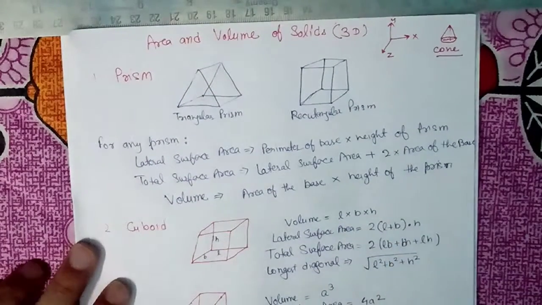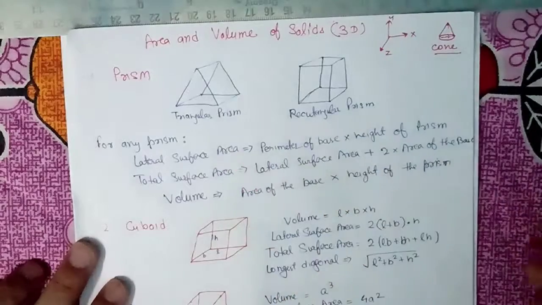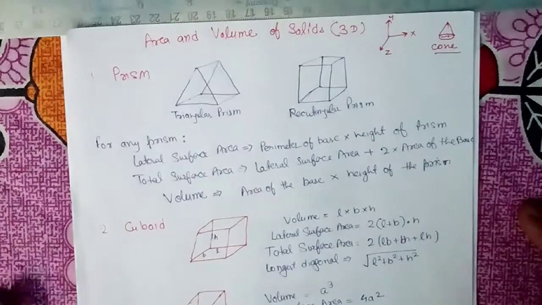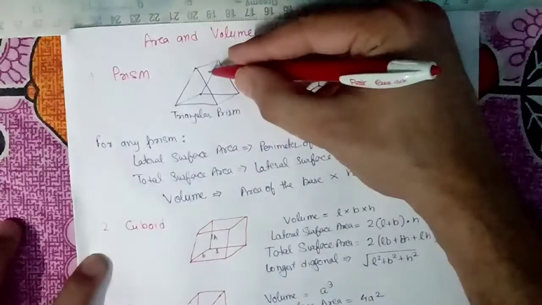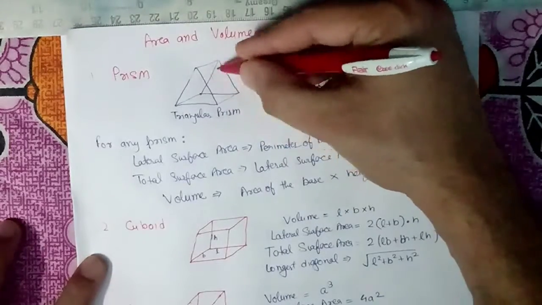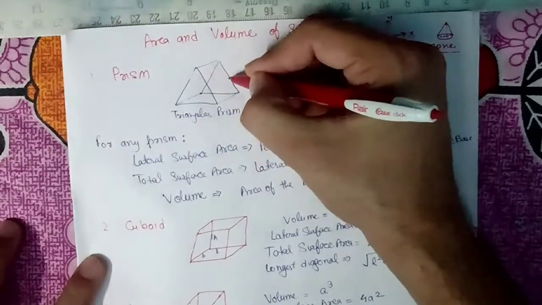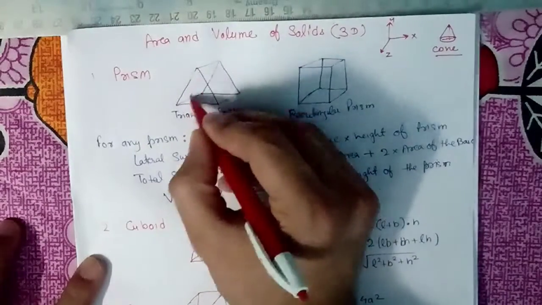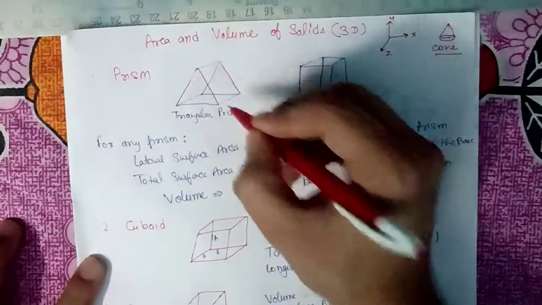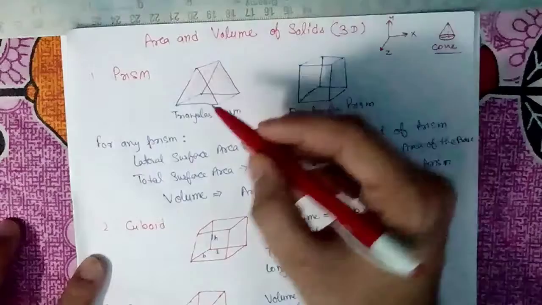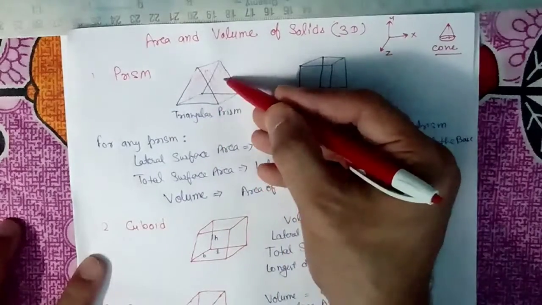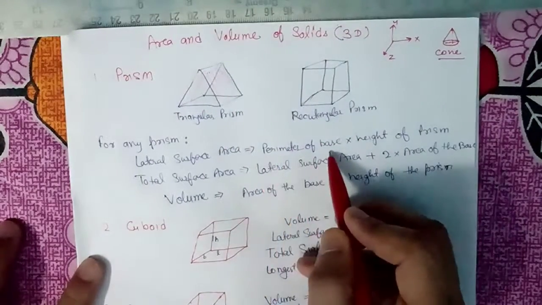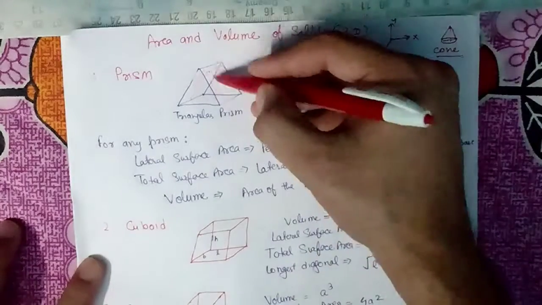For any prism we have two areas, lateral surface area and total surface area. Lateral surface area is this area from here to here, apart from this space and this space, which is equal to the perimeter of the base into the height of the prism. Suppose this is the base.